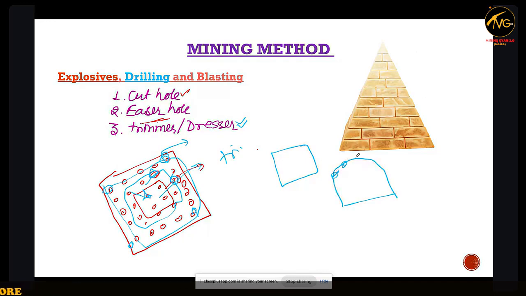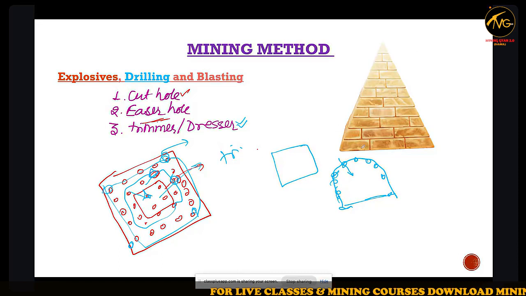So these are the trimmers which give the shape to our face. When we drill these trimmers, the holes are on the top, on the bottom or on the side, and the holes will be inclined.